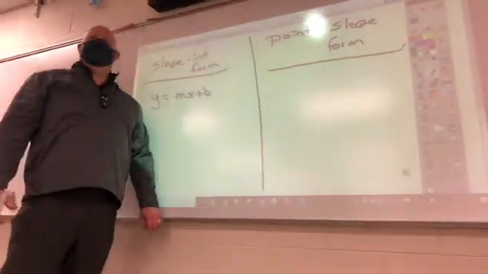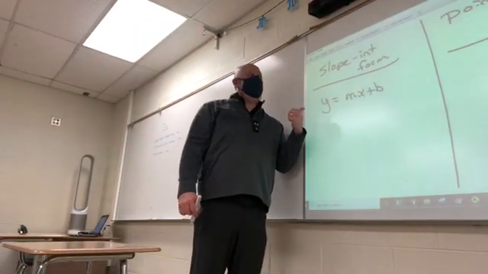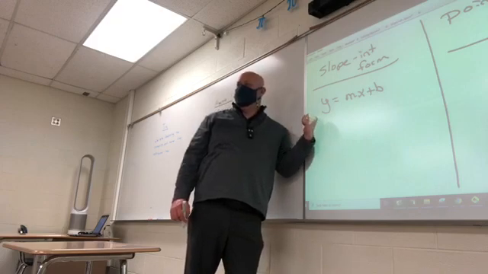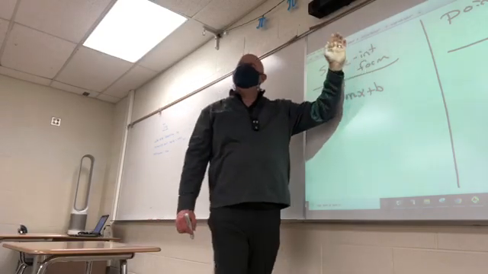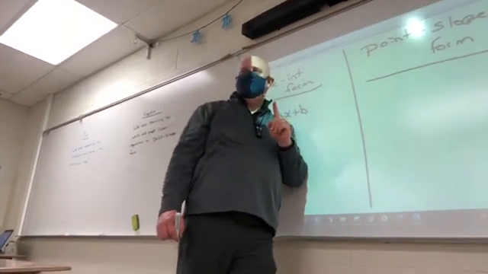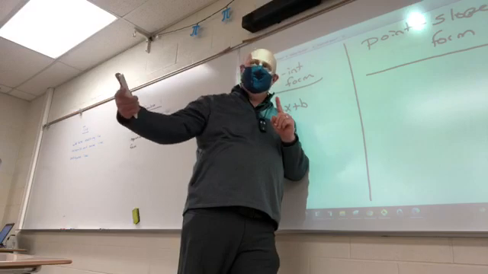What do you think the difference is? What are the two pieces of information you need to use slope-intercept form? You need slope and you need the y-intercept. In point slope, what two pieces of information do you think you're going to want? Any point and a slope.